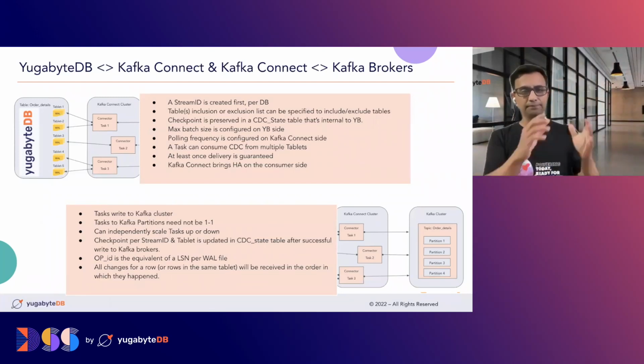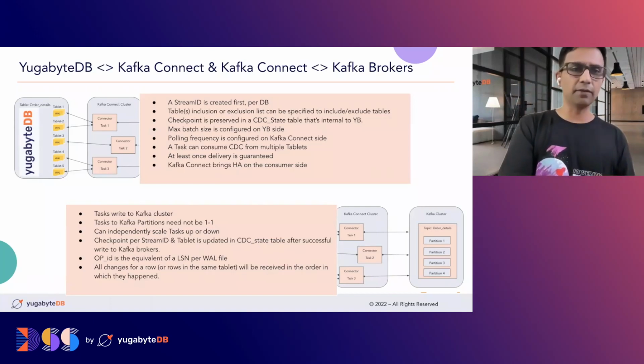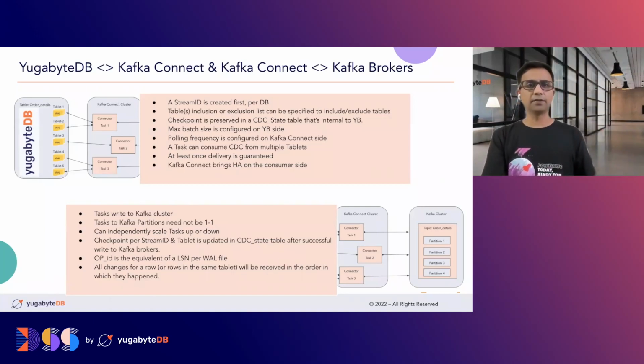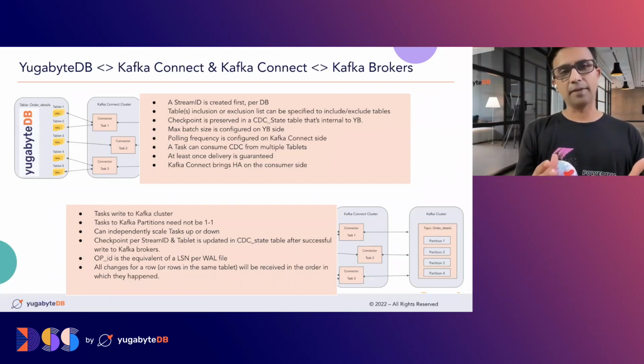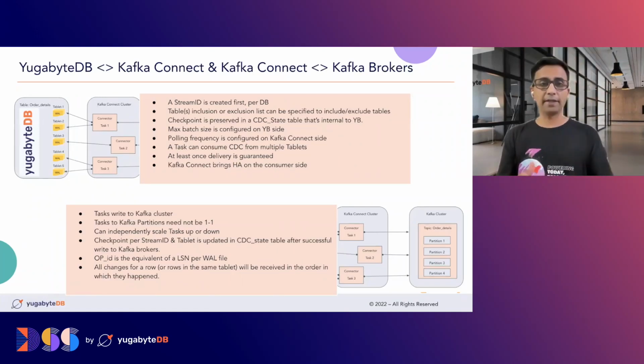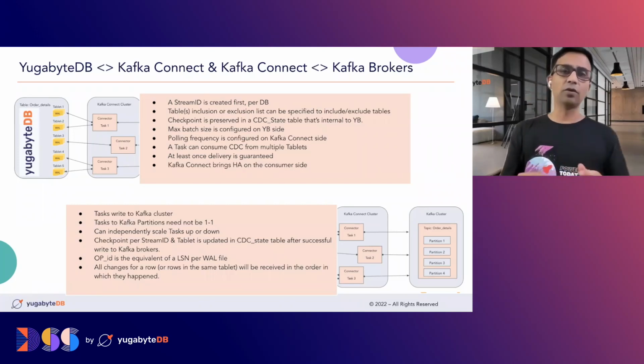So here you have the order details table with 5 tablets. First, a stream ID is created, which is something you do at the very beginning, and it is one per database. And then you get to include or exclude tables.